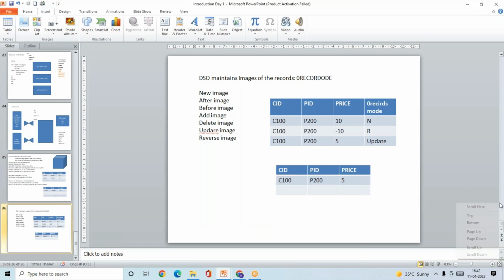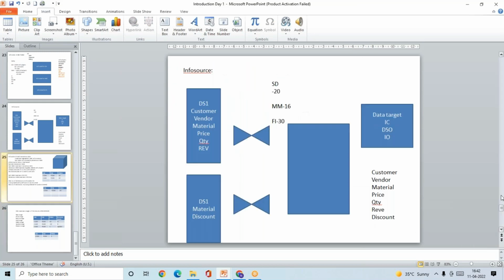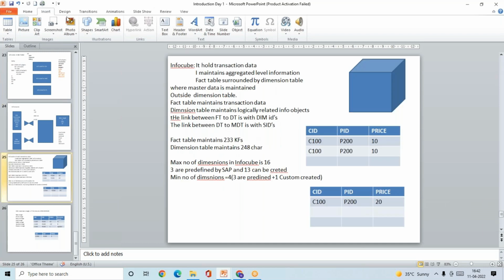Okay, so that is about your info cube. And coming to the types of info cube.